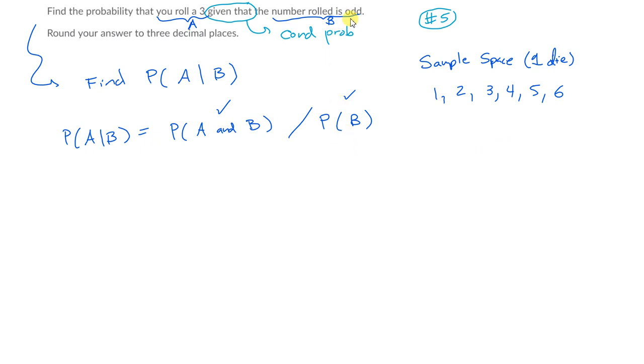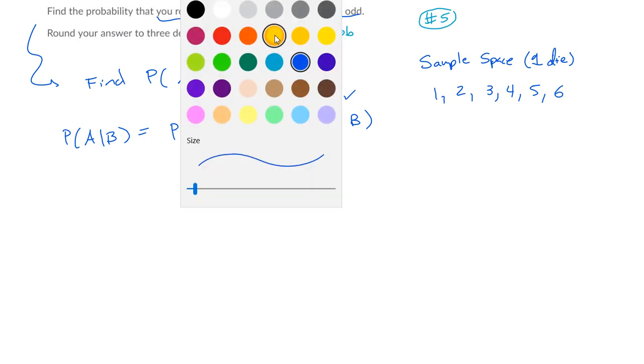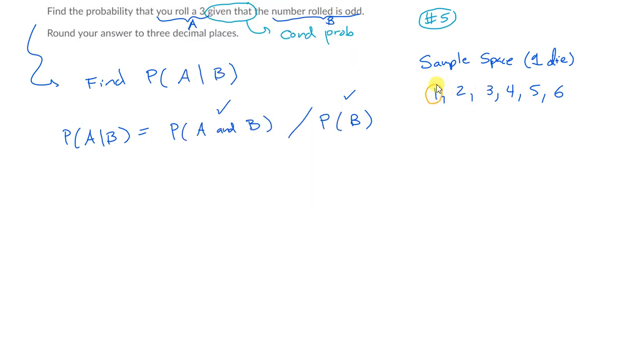What's B? Odd. So the probability of rolling an odd: you can roll a 1, a 3, or a 5. So the probability of odd is 3 ways it can happen out of 6, or 0.5. Okay, so I know this guy. This guy is 0.5.